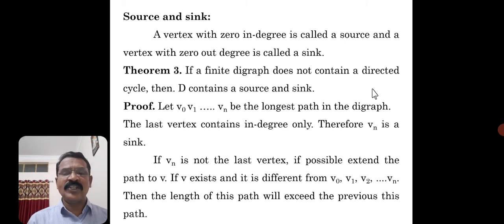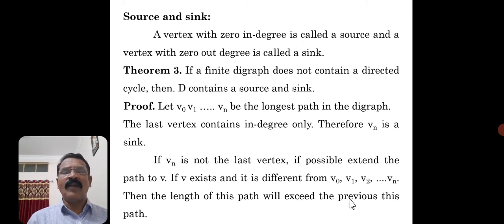Suppose Vn is not the last vertex. If possible, extend the path to V. If V exists and it is different from V0, V1, V2 and so on, Vn, then the length of this path will exceed the previous path, isn't it?